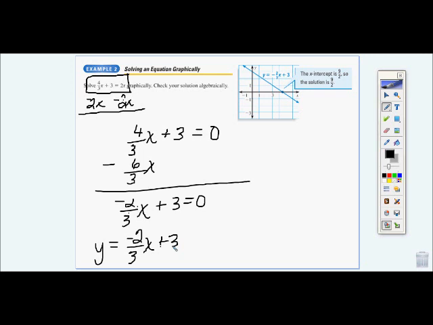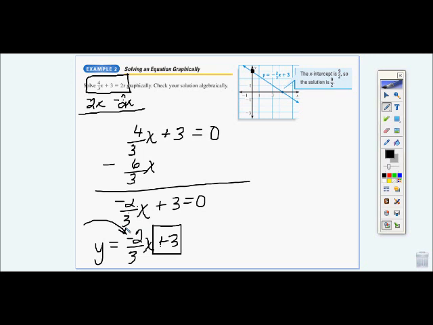Now I'm going to start at my b term, which is positive 3, my constant term, and I'm going to make my y-intercept. Oh, that one was pretty close. Now I'm going to apply my slope, mx, so that is the coefficient of x, negative 2/3.